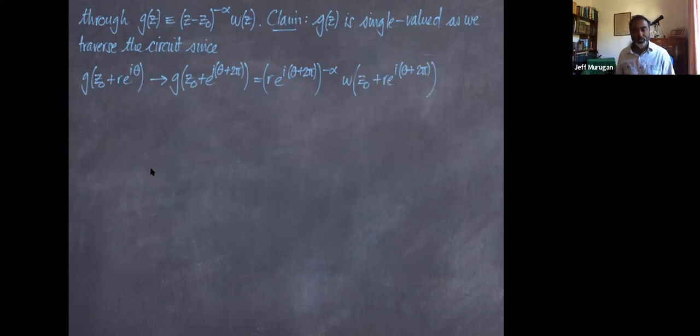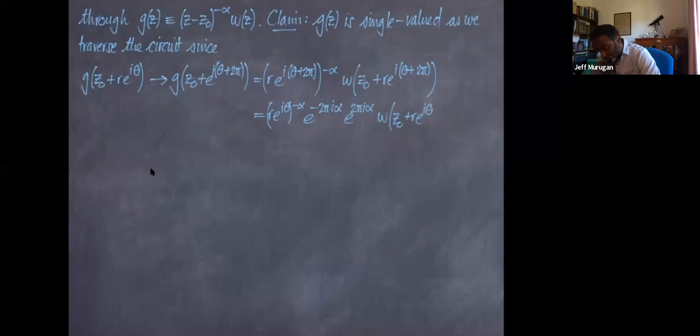That's just how W of Z changes. So now let's break this up a little bit. In particular, I can write this as (R e to the i theta) to the minus alpha times e to the minus 2 pi i alpha times e to the 2 pi i alpha times W of Z naught plus R e to the i theta.